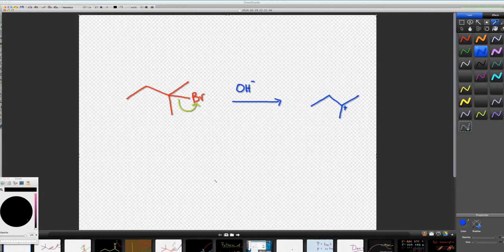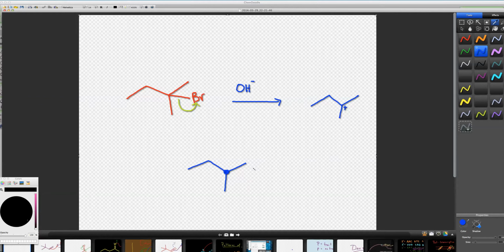Now, let's take a minute to talk about this carbocation. The carbon is sp2 hybridized, which means we have a methyl group, another methyl group, and an ethyl group.